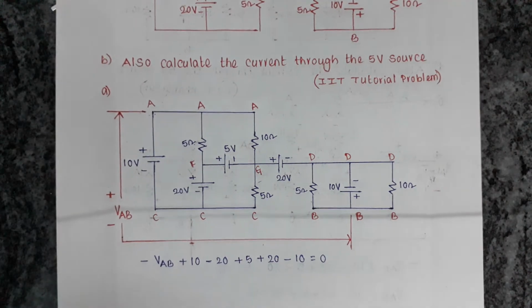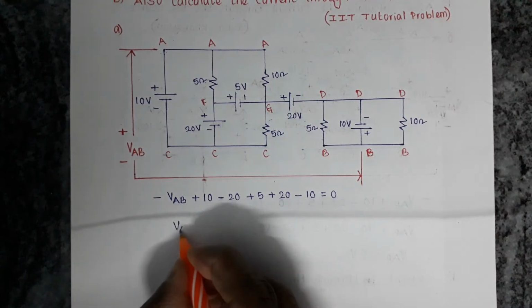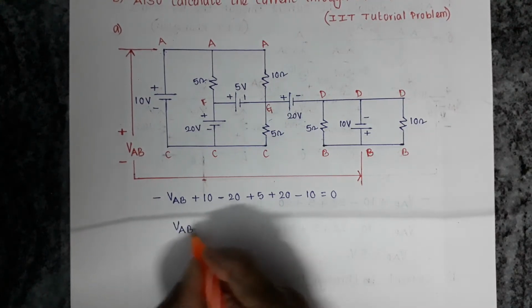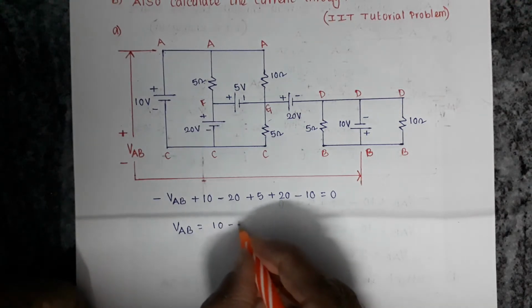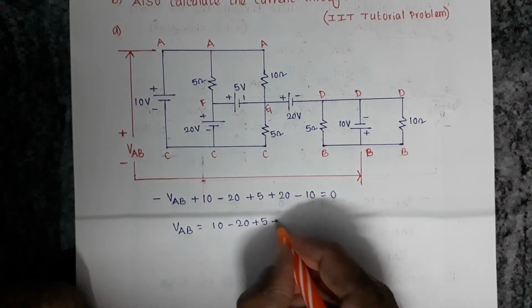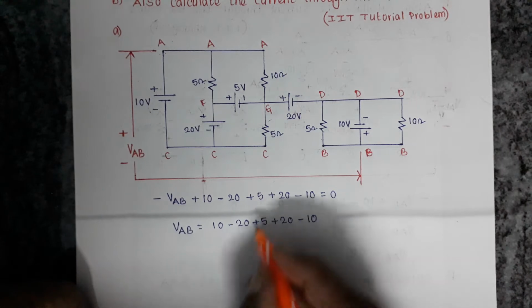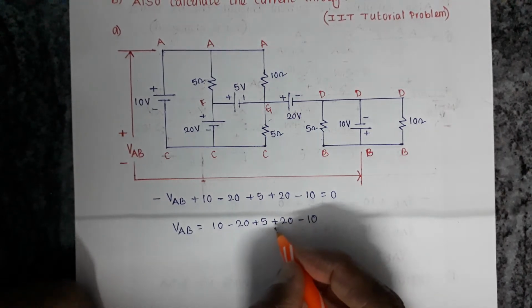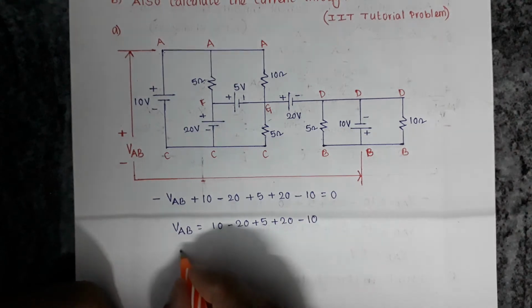If you rewrite this equation, VAB is equal to 10 minus 20 plus 5 plus 20 minus 10. This 20 cancels with this 20, and this 10 cancels with this 10. So what is left over is 5.